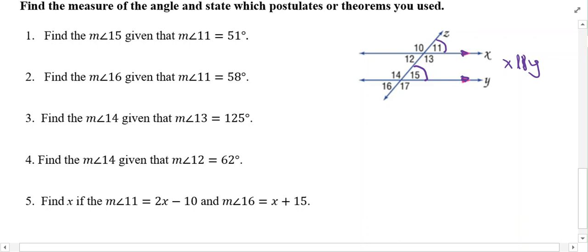So since they're parallel and they are corresponding angles, we know that they're congruent. So measure of angle 15 is equal to 51 degrees, and that's because parallel lines give us that corresponding angles are congruent.